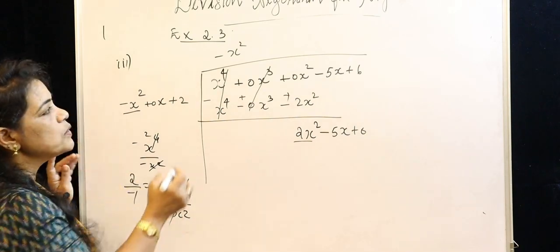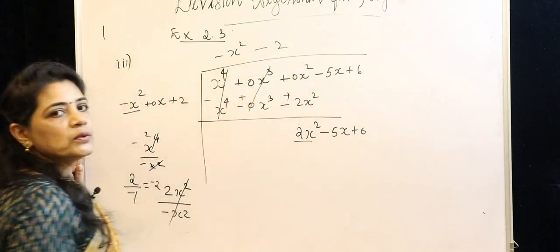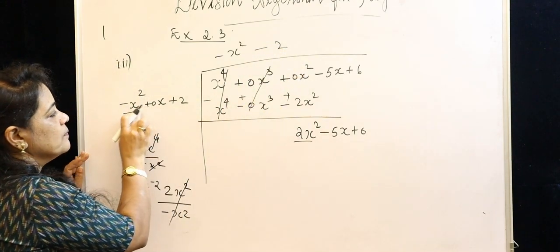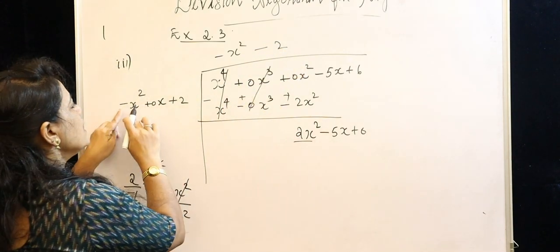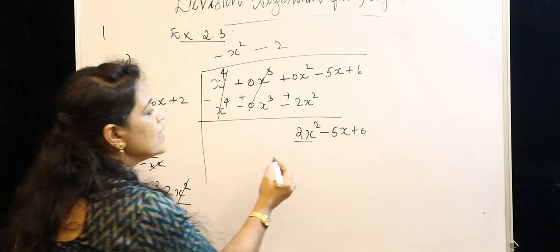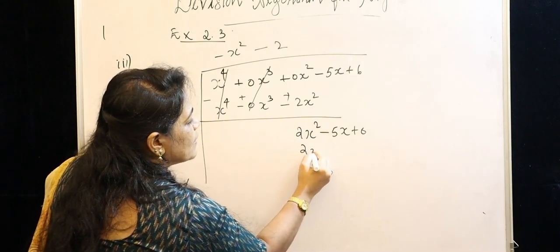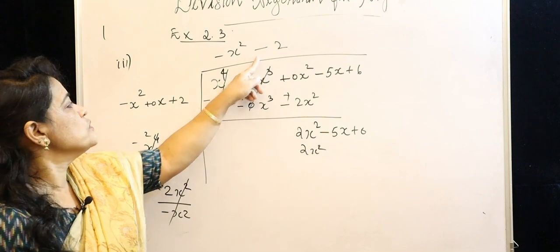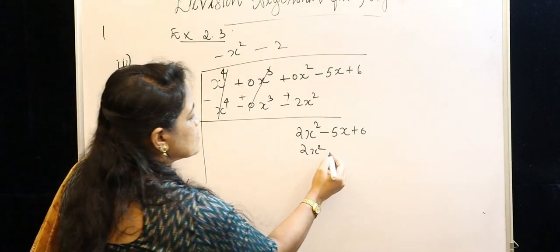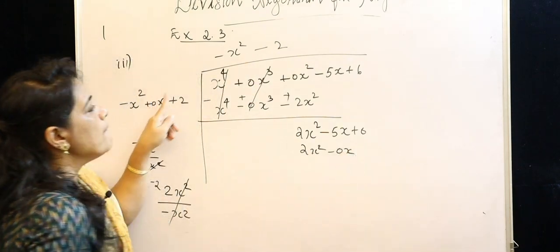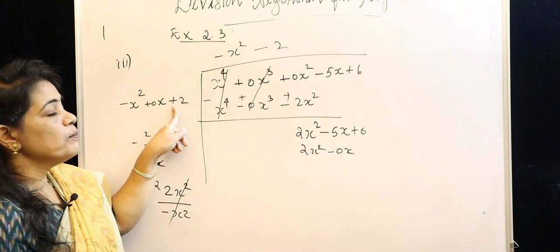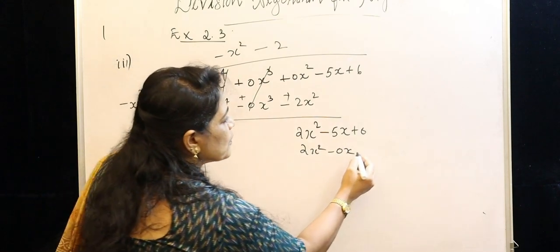So minus 2, and with minus 2 you have to multiply each term. That means minus 2 into minus x square plus 2x square, minus 2 into plus 0x minus 0x, minus 2 into plus 2 minus 4.